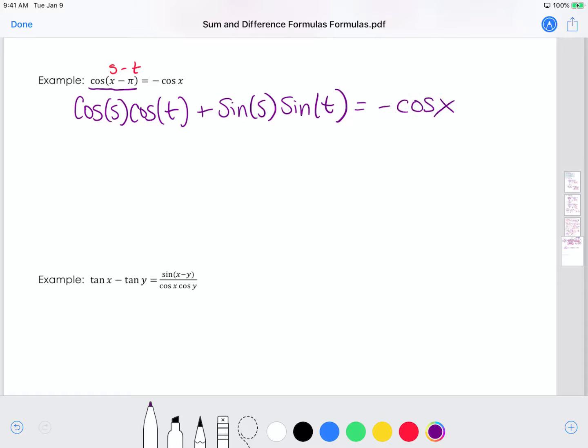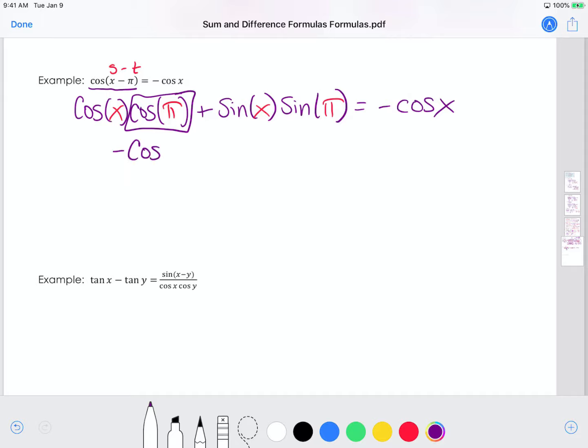Well, everywhere I see s, I'm going to replace it with x. And my t is pi. And now I can simplify and show that this is equal to negative cosine x. Cosine of pi, we know what that is. That's negative 1.